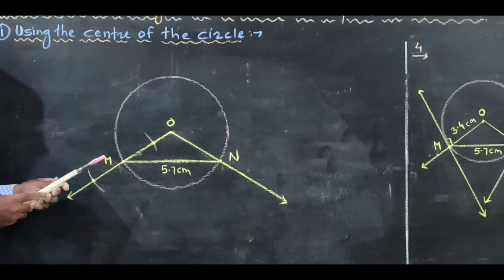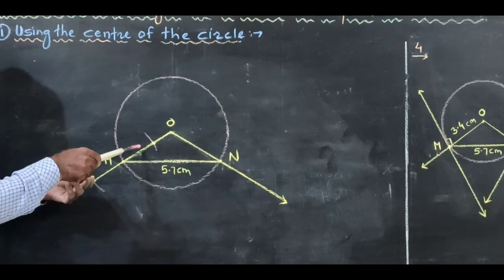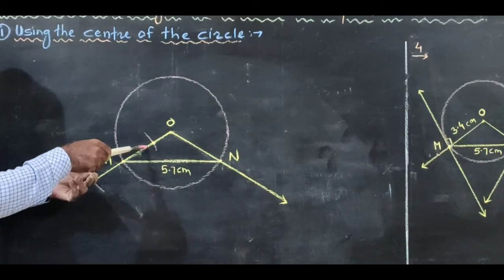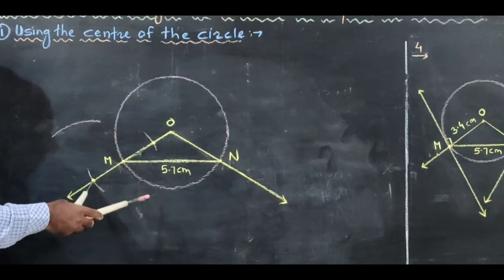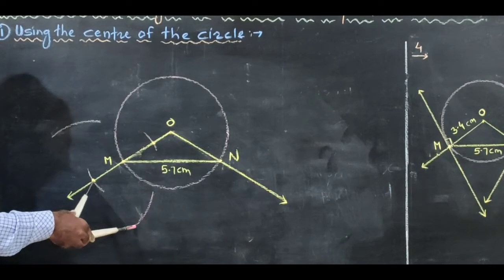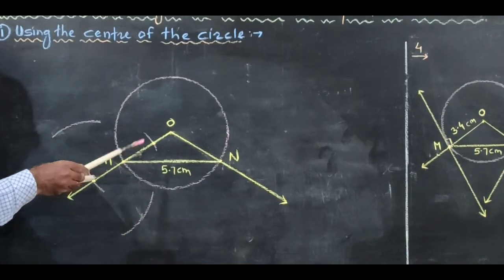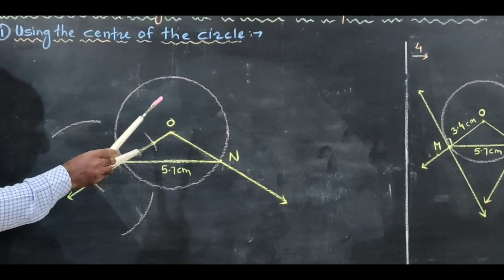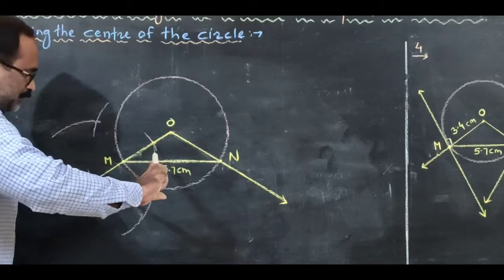Now we put the nib of our compass at this point and we take more than half the distance of these 2 points. And we draw an arc of the same radius above and below. Without changing distance, we put the nib of our compass at this point and we draw an arc intersecting the previous arc.